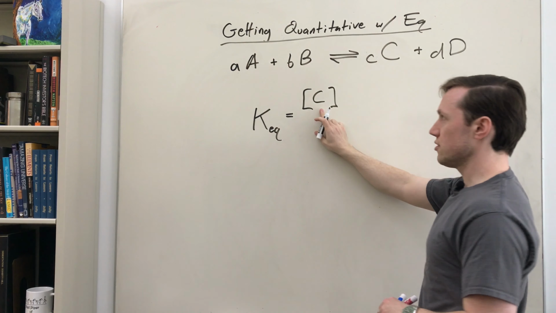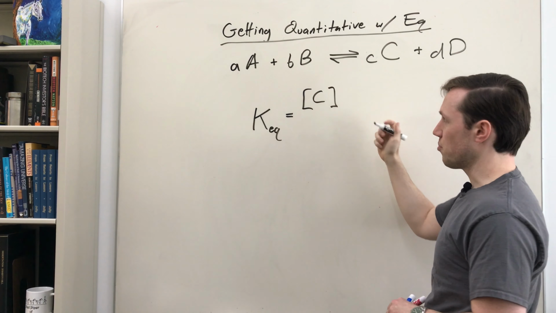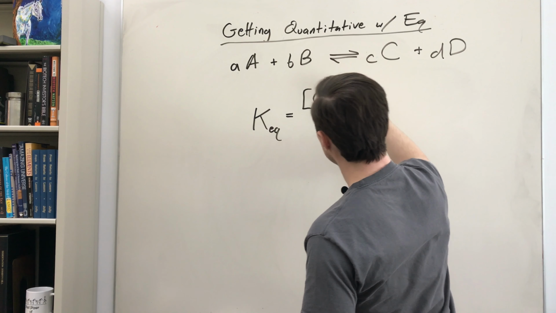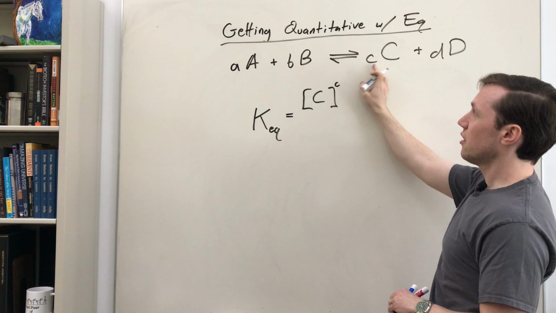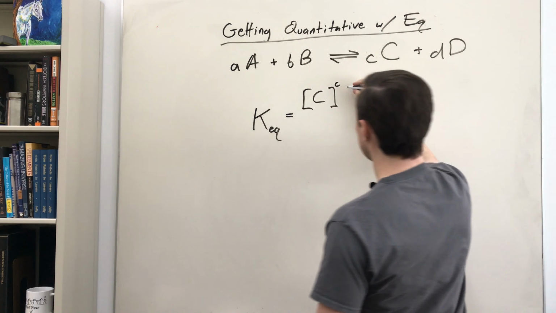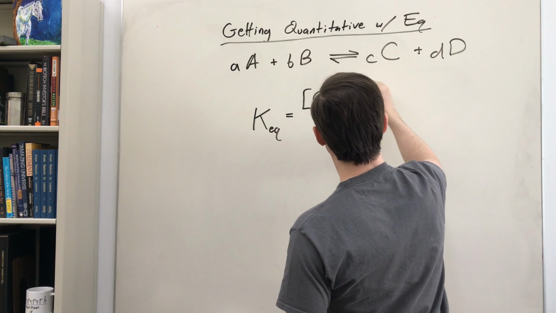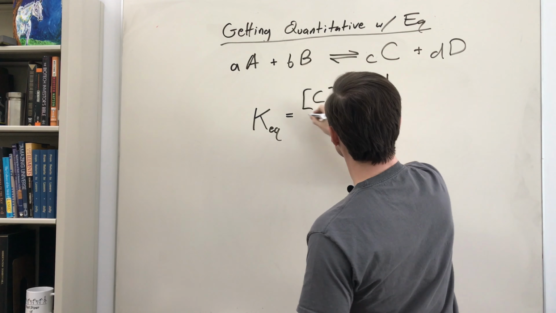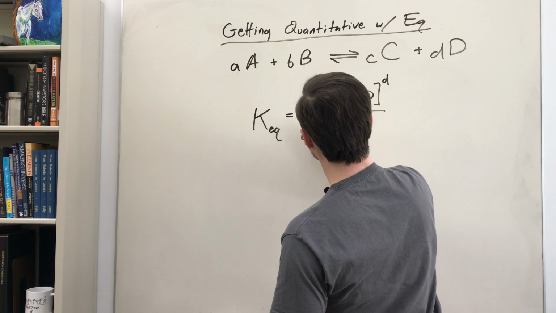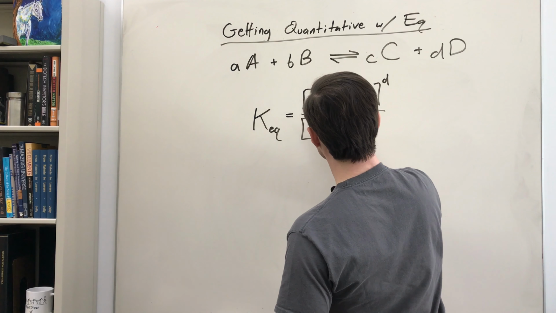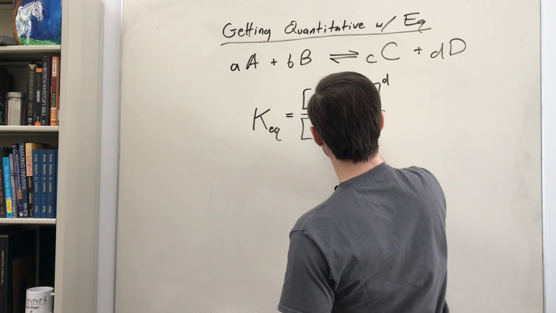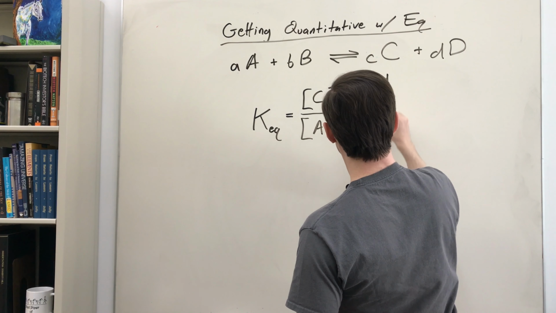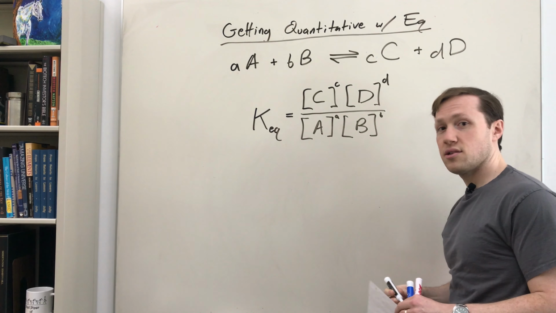The concentration of each of the products raised to the power of its stoichiometric coefficient, divided by the concentration of each of the reactants, likewise raised to their coefficients.